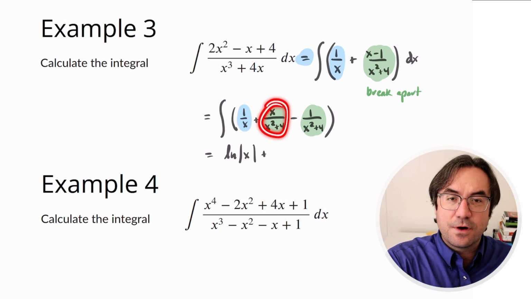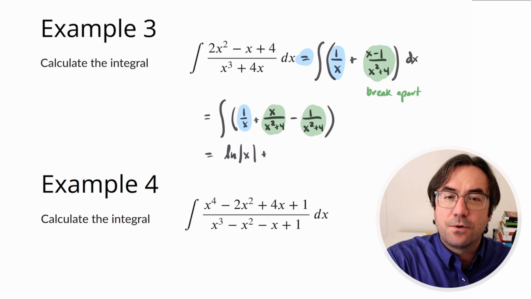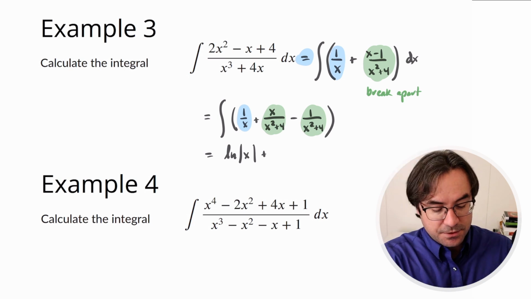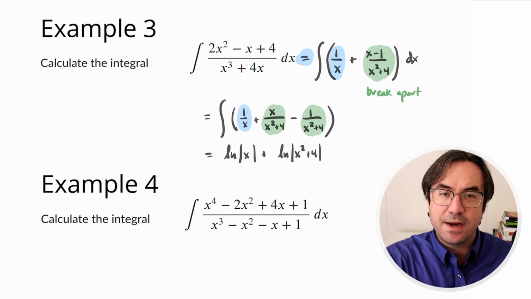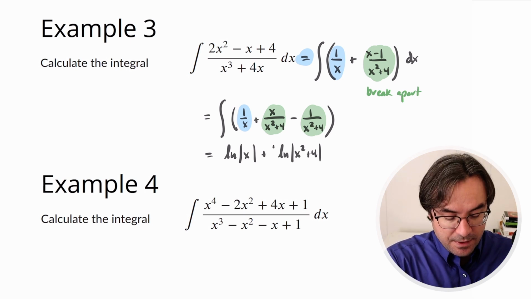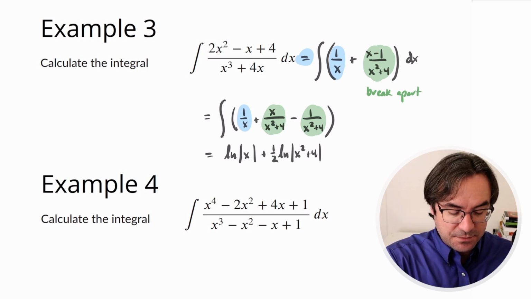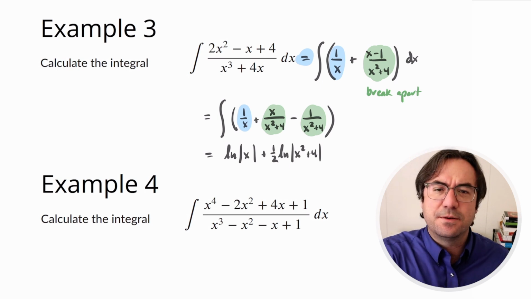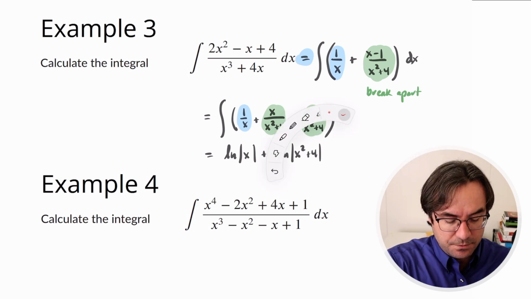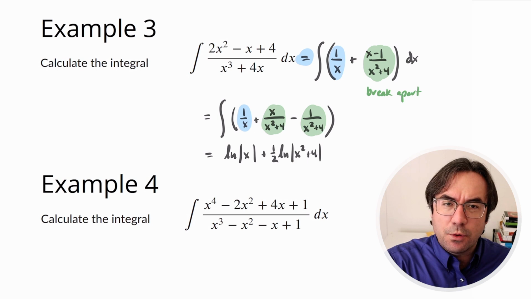Then for the x over x squared plus 4, this is the irreducible form where we have an x in the numerator. So this is going to be the natural log of the absolute value of our denominator, x squared plus 4, and then we get a 1/2 in front. The 1/2 comes from the exponent after we do the derivative and our u sub. This is a common enough type of integral that at this point you can just know what it is.